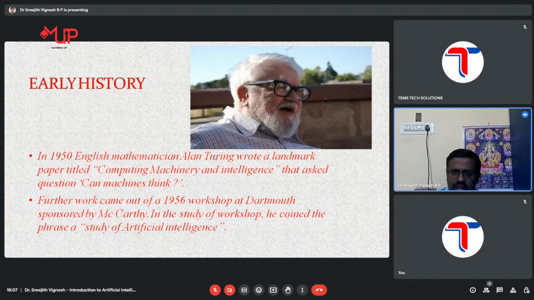Now, in 1956, this great English mathematician wrote that logical, fuzzy logic factors would be able to give a solution for the problems we come across, and when embedded in computational machines, we would be able to find a digital solution for those problems. That was the information shared by this gentleman, and today he is called the father of artificial intelligence. Alan Turing is called the father of artificial intelligence.